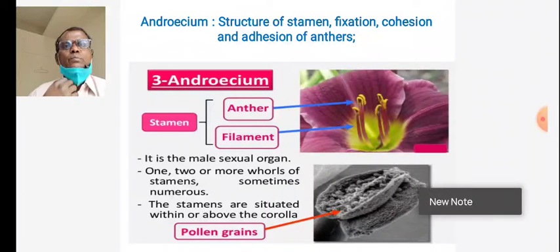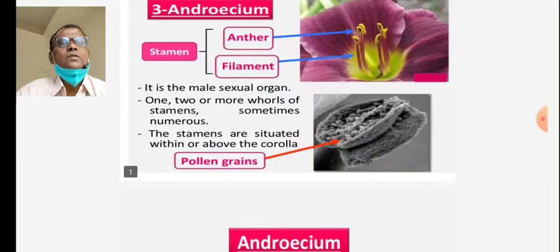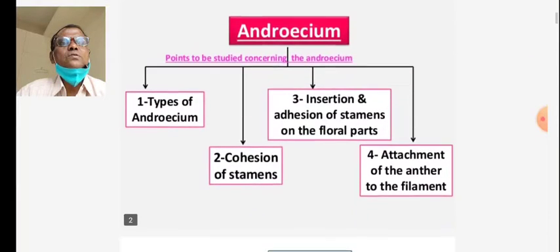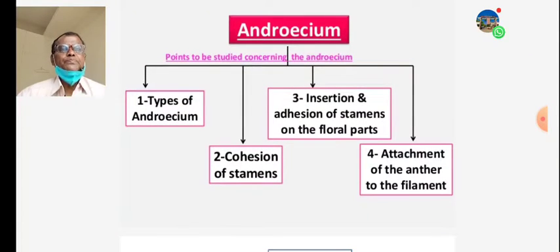As per the examples, it is the third whorl in the flower. Here we see the stamens within the flower, inside the corolla, while the lower photograph shows the position of the pollen grains inside the anther. So we have seen this.